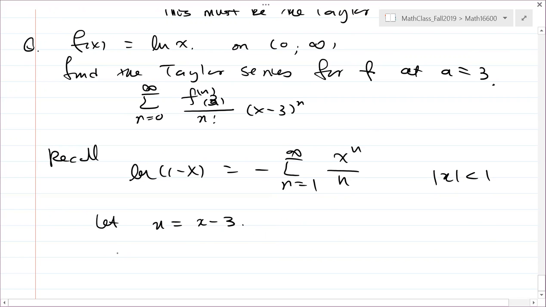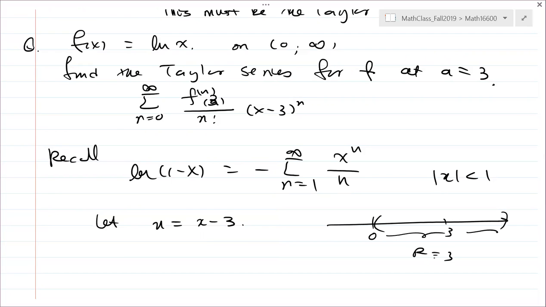You can see that, right? This whole line, here's 0, here's infinity, here's 3. So I hope I can find the power series representation for the natural log of x at 3 over the interval. So that means x equals u plus 3.